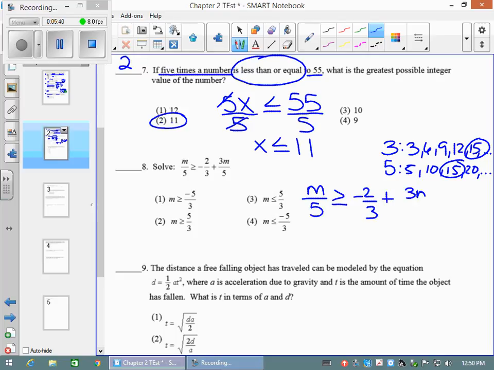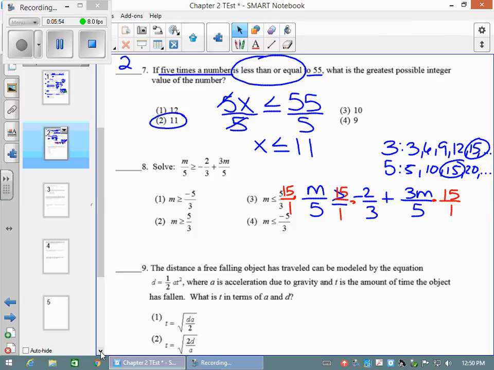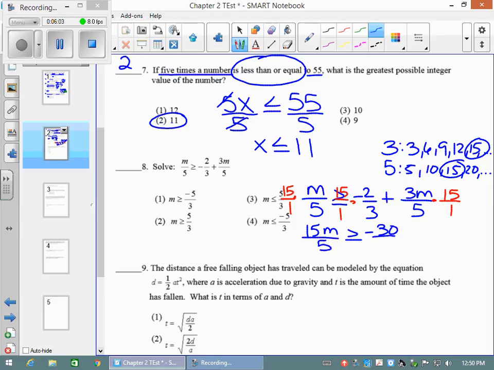And I'm going to start by multiplying every single term by that LCD. So multiplying by 15 over 1 to each term. When I do that, I'm going to end up with 15m over 5 is greater than or equal to negative 30 over 3 plus 45m over 5.